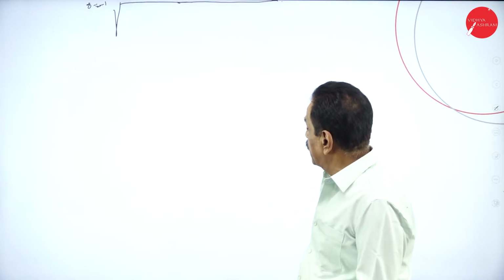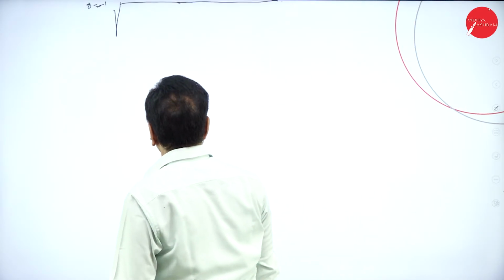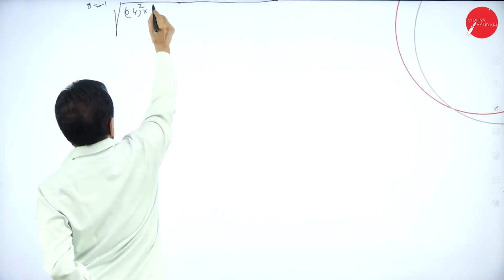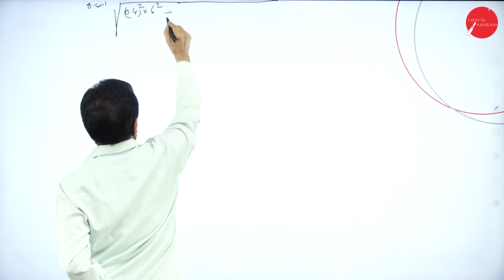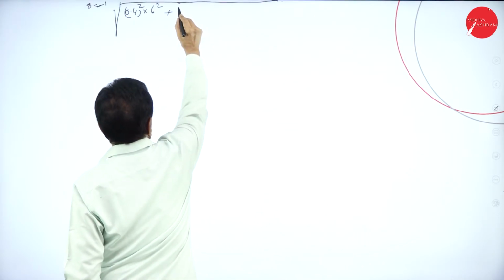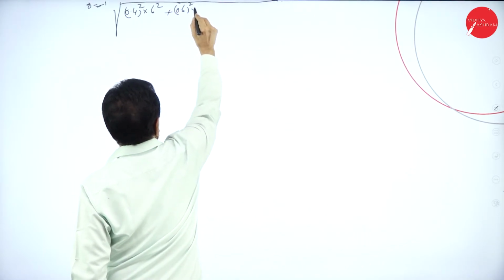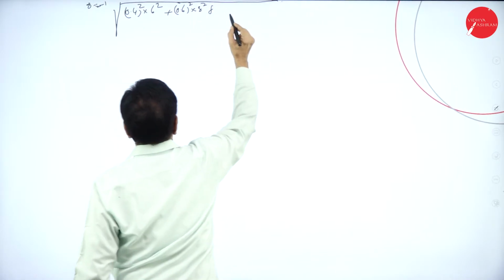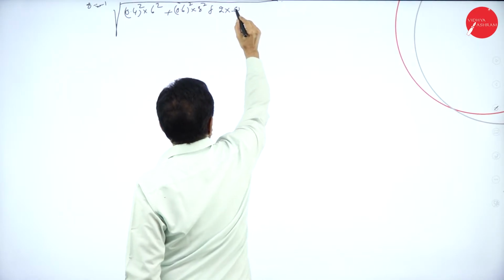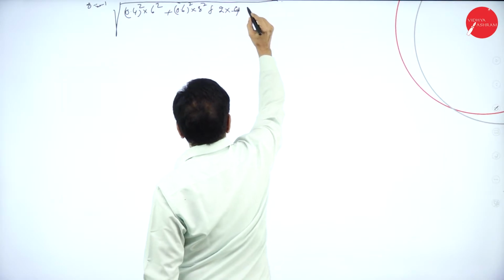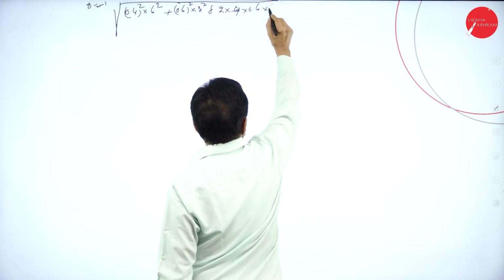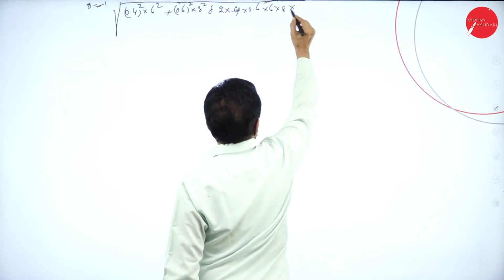What is the first one? W, same, 0.4 whole square into 6 whole square plus second one, 0.6 whole square into 8 whole square plus 2 into 0.4 into 0.6 into 6 into 8 into minus 1.